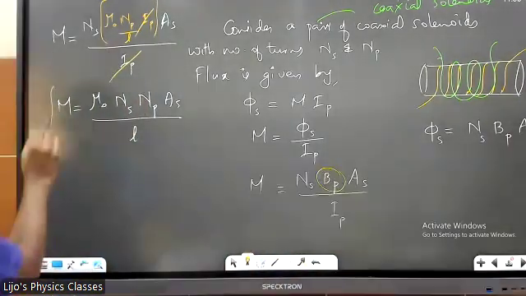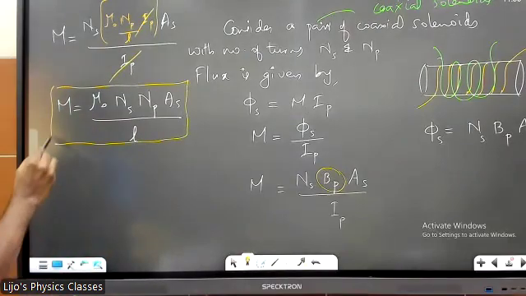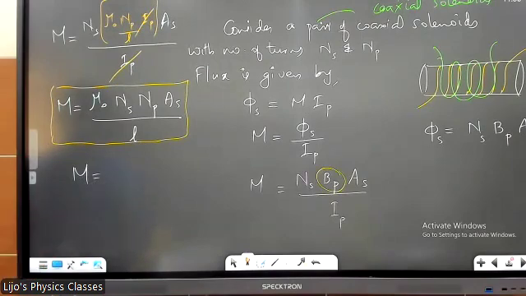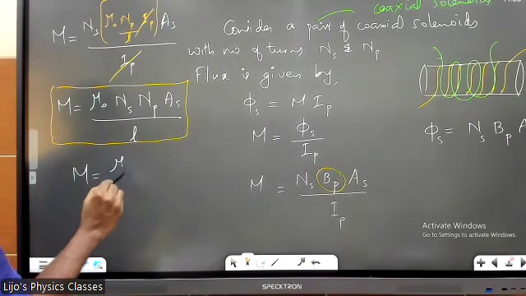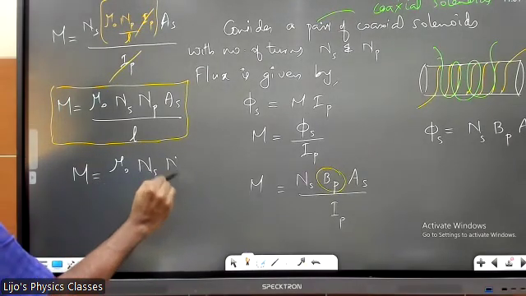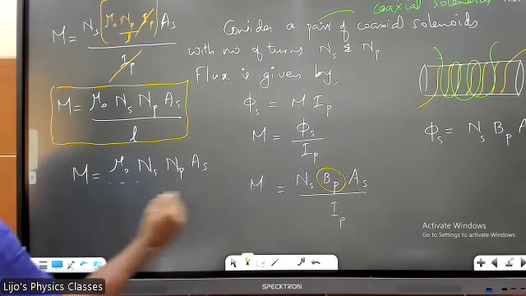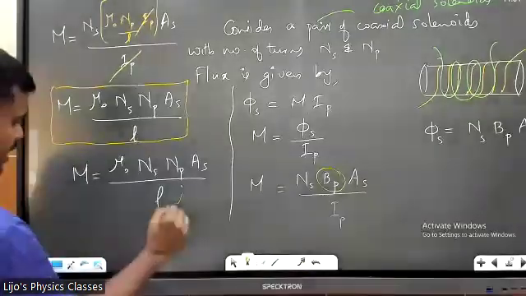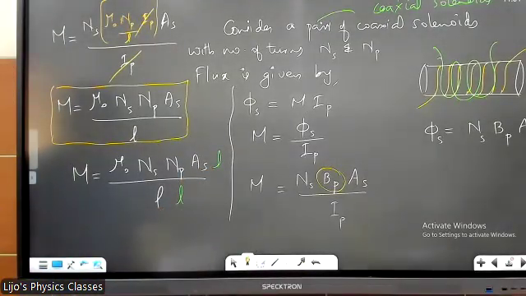You can stop here like I promised, but the problem is school won't. Mu 0 NS NP AS by L. You're going to introduce an L here, compensate by putting L here. It won't be an extra.